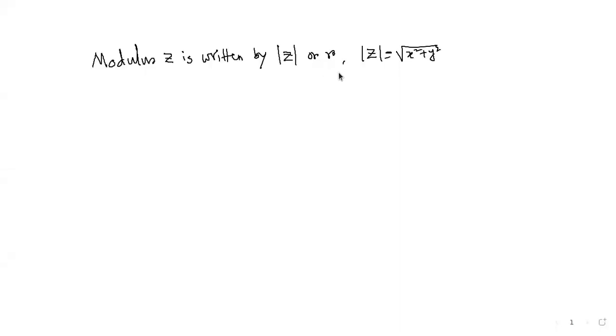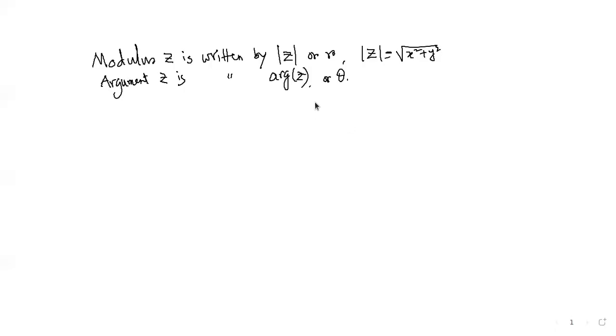And the argument of z is written as arg of z, or theta. Just we denote it: arg means argument, or theta. You can denote it in this way.